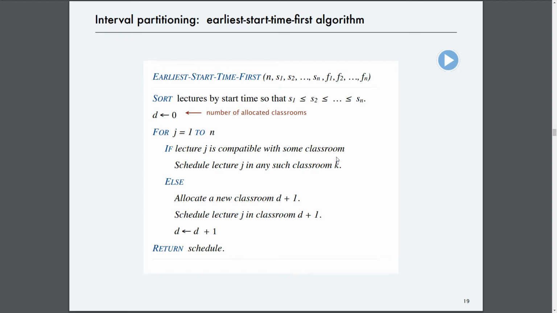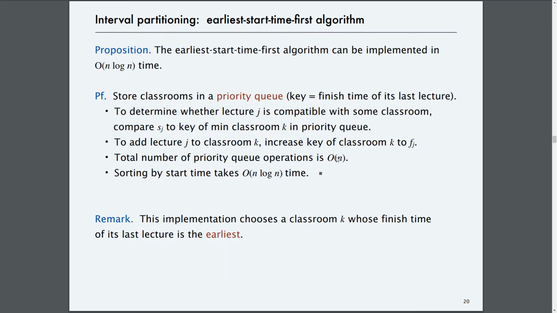And if it is, we just schedule it anywhere. Otherwise, if there's no room, we create a new classroom, number d+1. We schedule the lecture in that classroom, and then we increase d by 1.